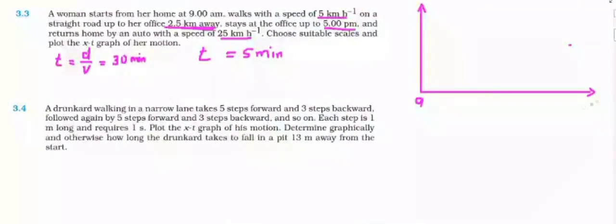So assume that she starts at 9 o'clock, and this is the 2.5 kilometer distance. You have to choose a suitable scale.